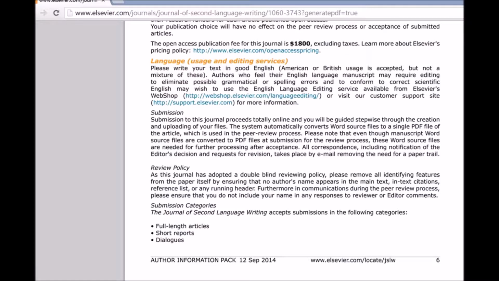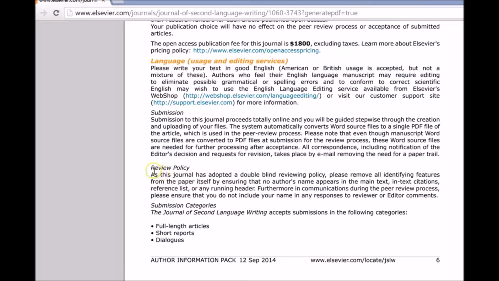Other journals will not fix your English. They expect you to pay sometimes $300-400 to a service, and that does not guarantee you any publication. That just means before you submit the article, they want you to have it cleaned up by this service, and then you just pay up front and take your chances with being published.